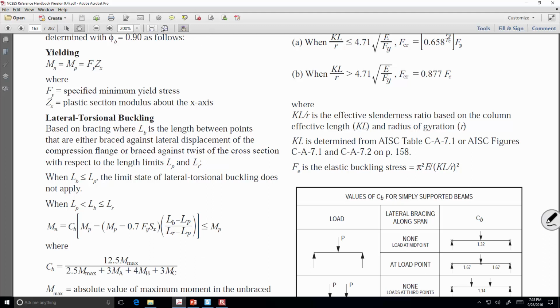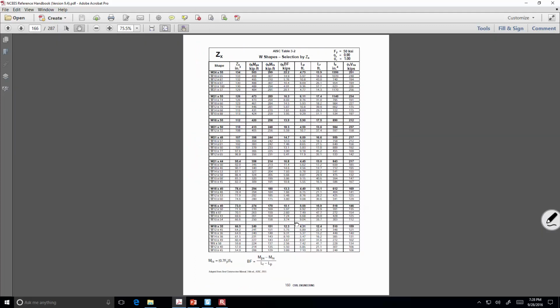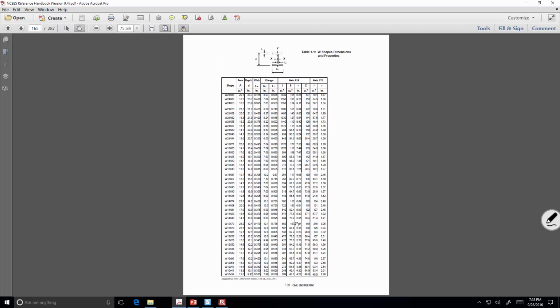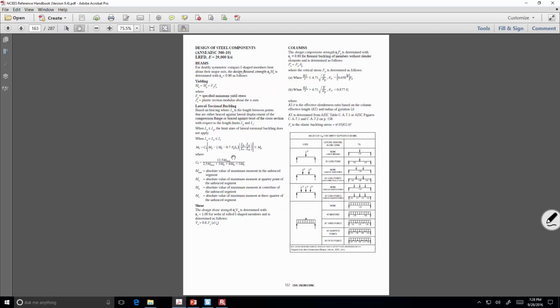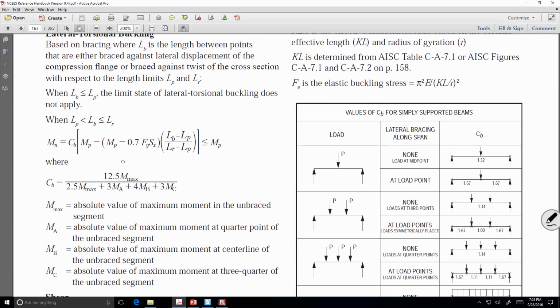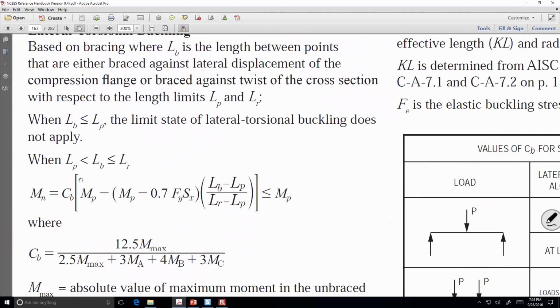Now, let me see something real quick. Okay. All right. Everybody see this? Okay. So ultimately, this is the equation that we need to use to compute the capacity of a beam. Now, I want to explain a couple things.